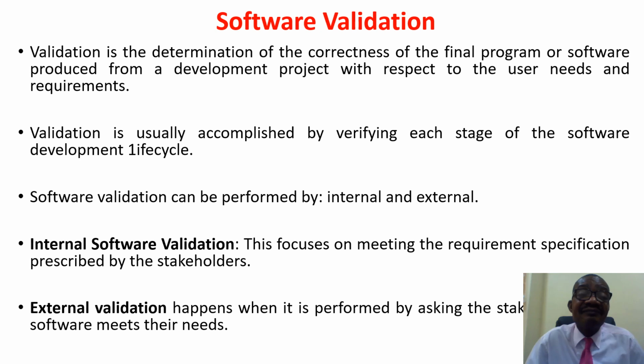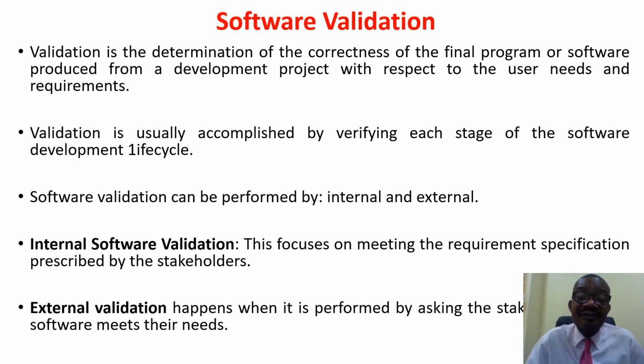Then software validation is the determination of the correctness of the final program. So validation is the determination of the correctness of the final program or the final software produced from a development project. Validation is usually accomplished by verifying each stage of the software development cycle.